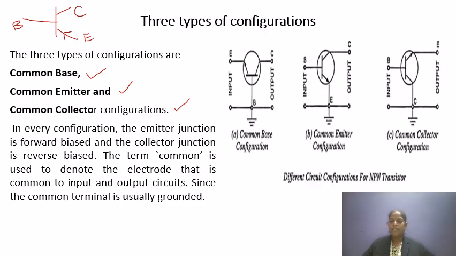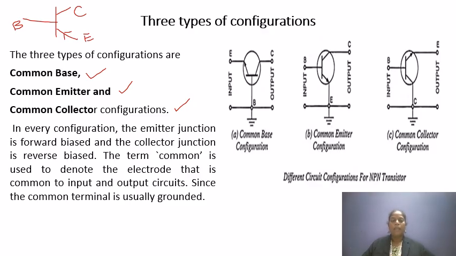The base is existing between both the input and the output. So the base is acting as a mediator. Whether it is electrons or holes, NPN or PNP, the base acts as a common one. So it is called a common base.